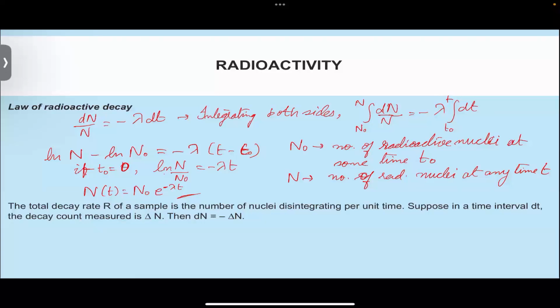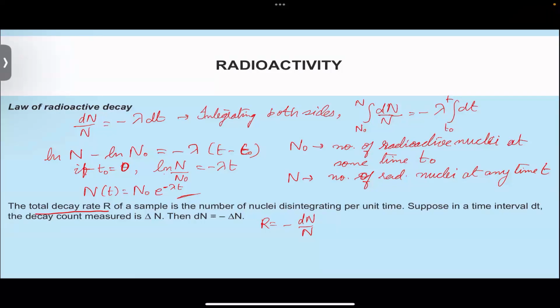The decay of radionuclides follows this law, most of them. But there is another term associated, called the total decay rate, R. We give R as R = -dN/dt. It is the number of nuclei disintegrating per unit time, and this is the total decay rate.